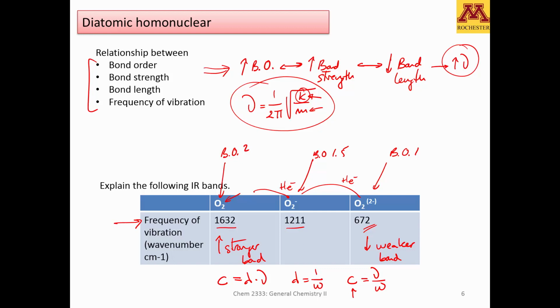Because c is a constant, the wave number is directly proportional to the frequency. So I've been talking about frequency because it's actually what you can calculate with this equation. Again, if you have not seen this equation, do not pay too much attention, focus mostly on the qualitative description. But if you were wondering what's the relationship between wave number and frequency, this is it. They are directly proportional.